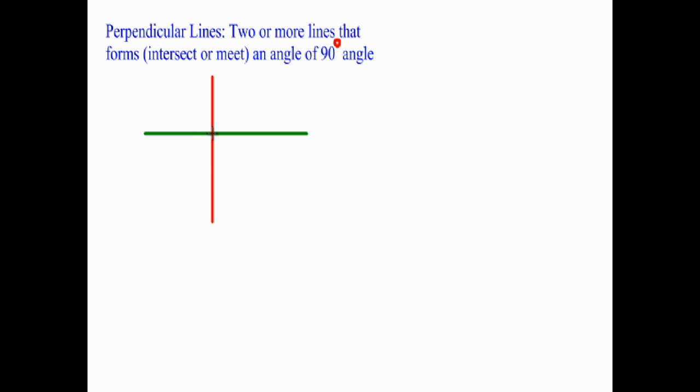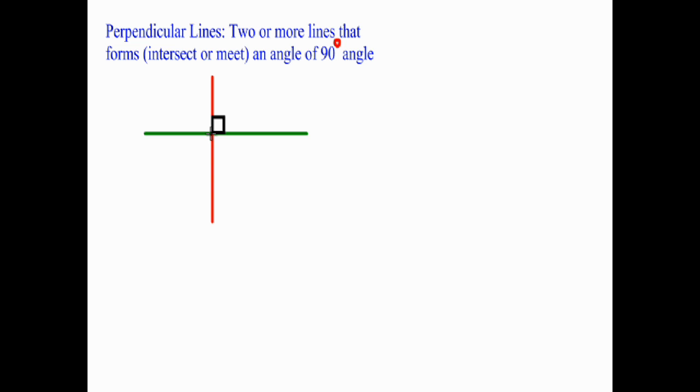So if you check it right here, and I'll show you, if you're looking at a diagram and you see that box there, it means that a 90-degree angle is being formed. So where these two lines intersect, on this side I have a 90-degree angle.